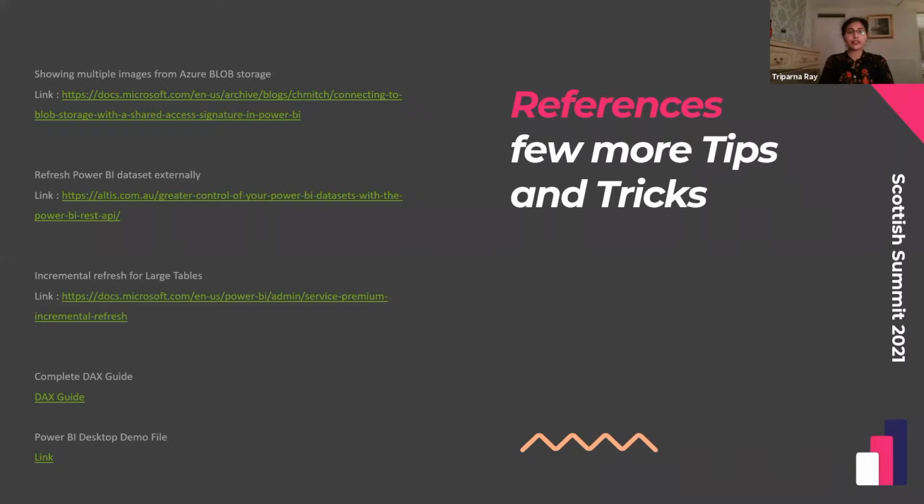And next one is refreshing the Power BI dataset externally. So sometimes we have requirements where we don't know when the data will be loaded. It may be weekly, it may be monthly, and we don't want to schedule it at a particular interval in the Power BI service.